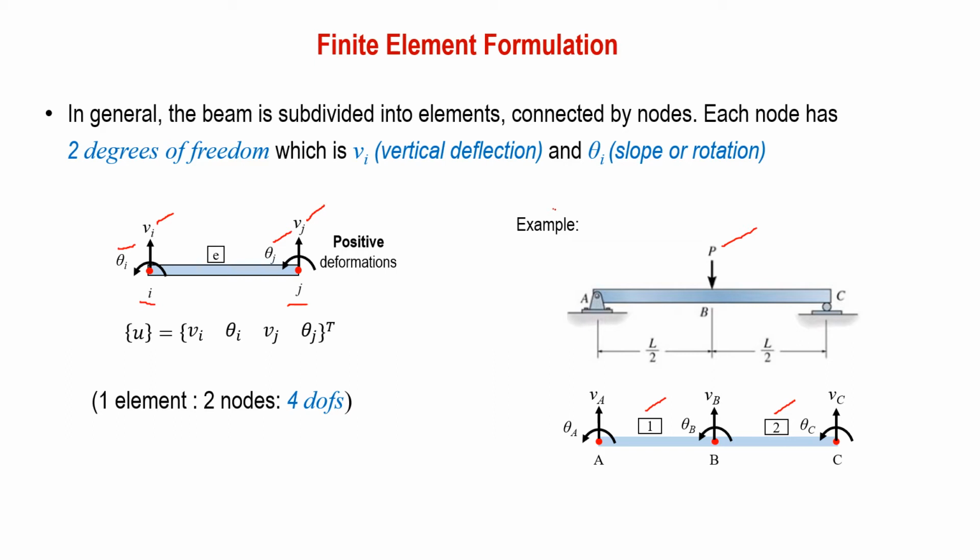Element 1 is connected by node A and node B, while element 2 is connected by node B and node C. At node A, we have vertical displacement VA and rotation theta A. At node B, VB and theta B, and at node C we have VC and theta C. So in this case, without considering the boundary conditions, initially it has 6 degrees of freedom.